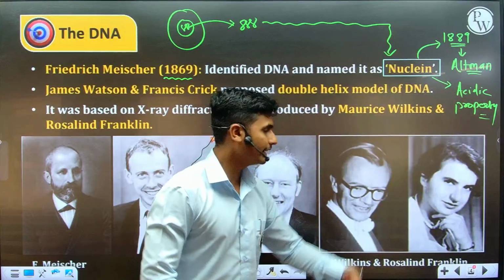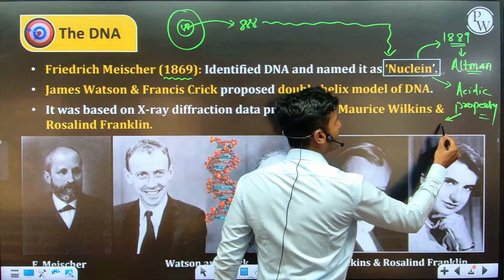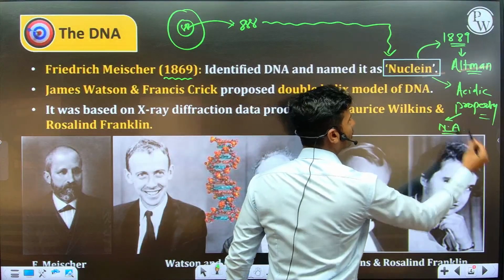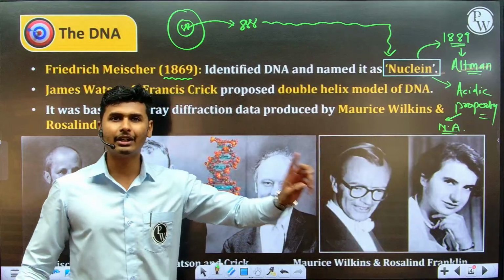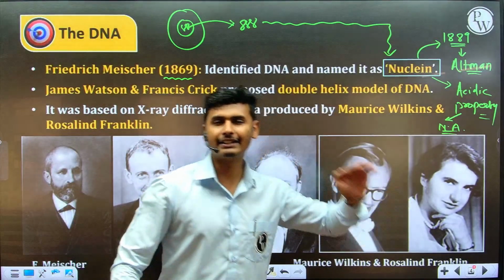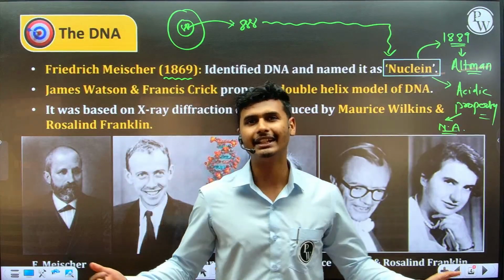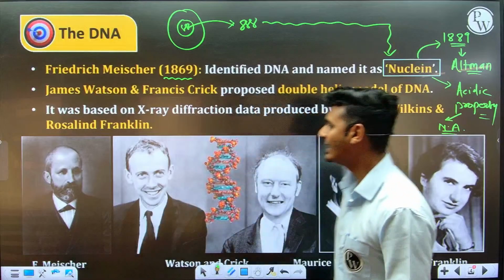So in today's date, we call it a nucleic acid, and nucleic acids are of two types. One is deoxyribonucleic acid, and the second one is ribonucleic acid. Deoxyribonucleic acid is known as DNA, and ribonucleic acid is known as RNA.